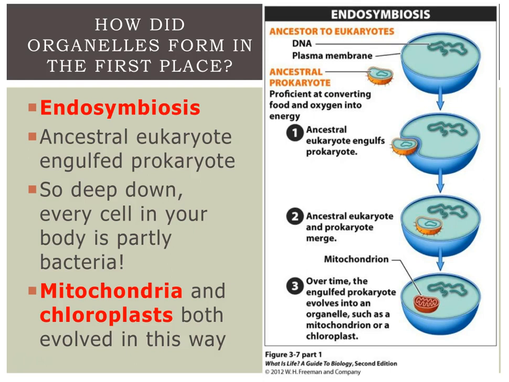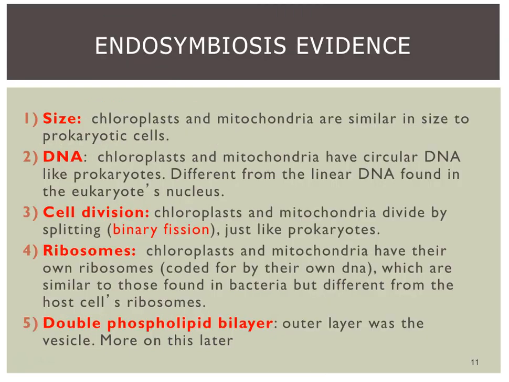You might be asking yourself what evidence we have for this endosymbiosis idea, and there's actually some really good evidence for it. The first one is the size. Chloroplasts and mitochondria are about the same size as your average prokaryotic cell. That's interesting, although there are other structures inside of eukaryotic cells that are about the same size.